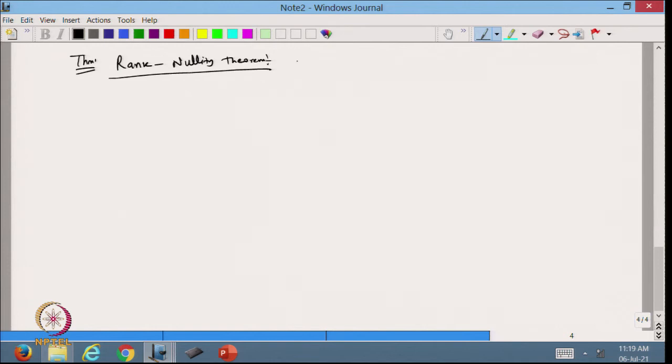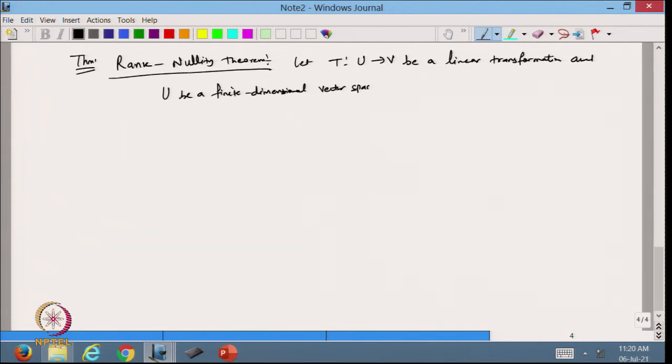Now, let T from U to V be a linear transformation and U be a finite dimensional vector space.